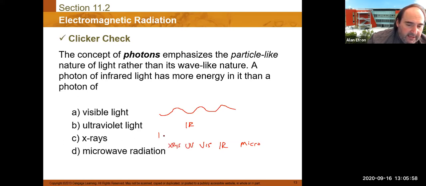Again, this is going to be higher in energy. This is going to be lower in energy. So the question is, which one does a photon of infrared light have more energy than? A microwave in this case. So it would be D, looks like the answer here. It has more energy than a microwave. It would have less energy than visible, UV, or X-ray in that particular case.